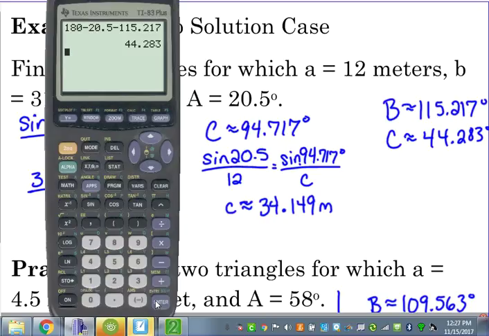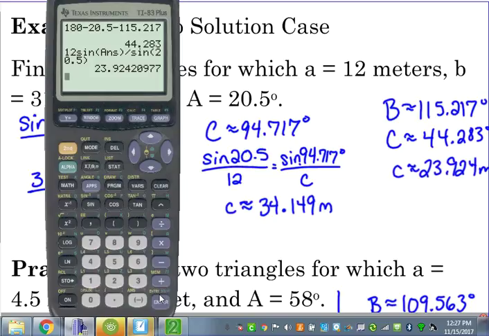Then if we set up the law of sines, are you okay if I just work it out here? 12 sine of that divided by the sine of 20.5 would give us 23.924 meters for side C. Let's check it.